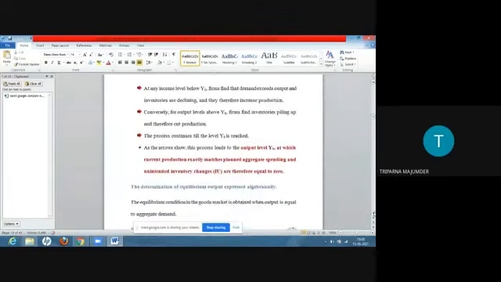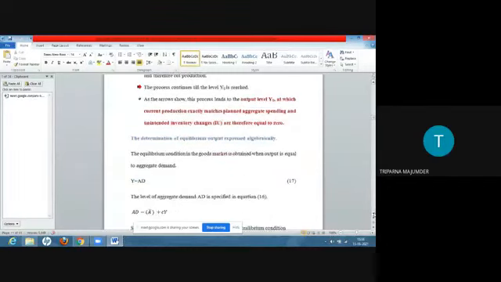So we have seen that the arrows in the diagram showed that at any output level Y, all arrows lead us to the output level Y0, at which current production exactly matches planned aggregate spending. Unintended inventory changes are therefore equal to 0. There is no change in inventory.